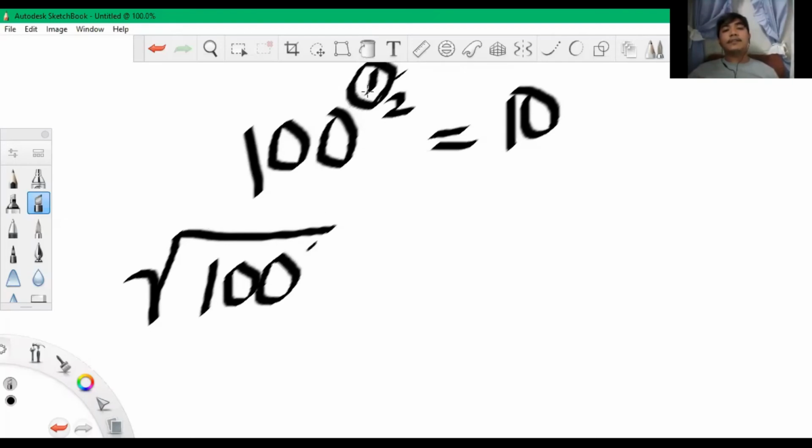Sabi natin, yung numerator ng ating exponent ay magiging exponent ng ating radicand. So, 1. Since hindi naman na tayo nagsusulat ng raised to 1 sa lahat ng whole number dahil lahat naman ng whole number ay mayroong exponent na 1. So, pwede na natin siyang hindi i-write. And the denominator, this is our index.